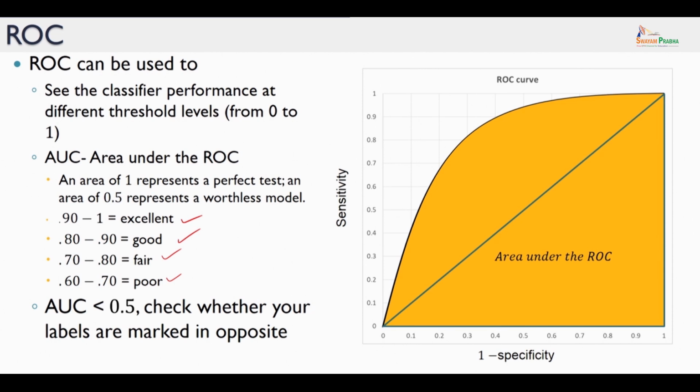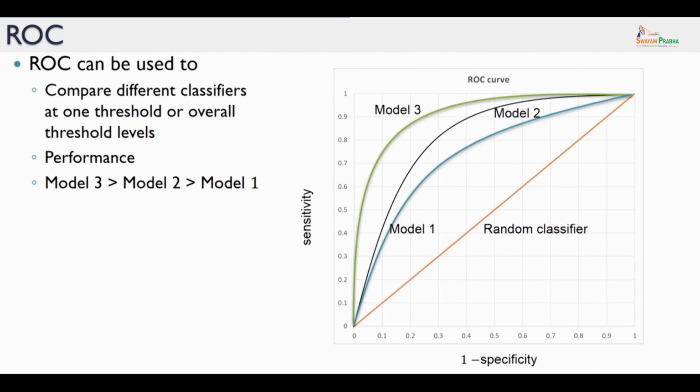So, this is for a single classifier, but if you have several classifiers that you are using, then I would say this is classifier model 1, this is classifier model 2, classifier model 3, then this classifier is better than this classifier is better than this classifier, because if you take any sensitivity level and go across, the amount I give up in specificity, because this is the best specificity point, for classifier 3 is less than this, is less than this.